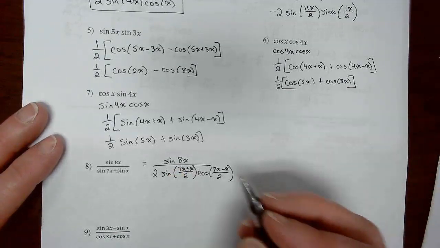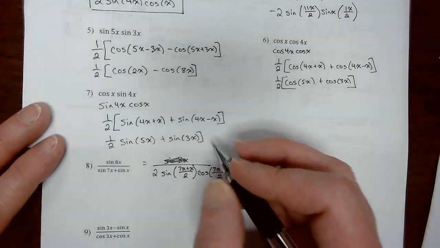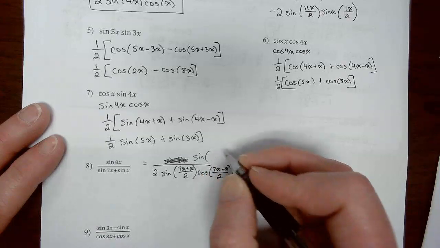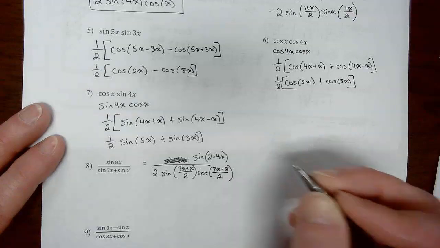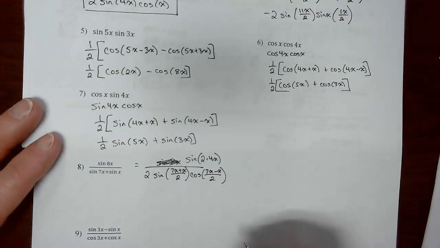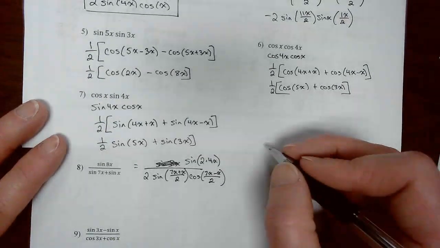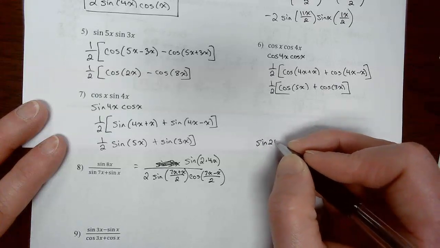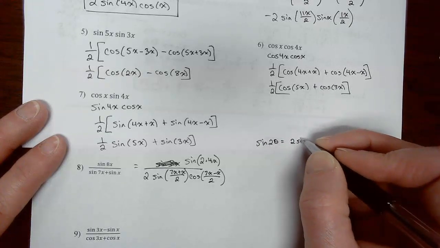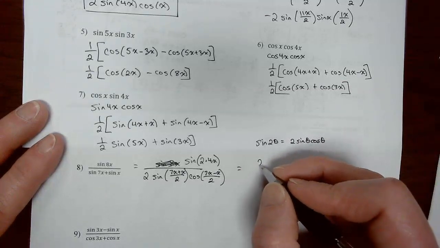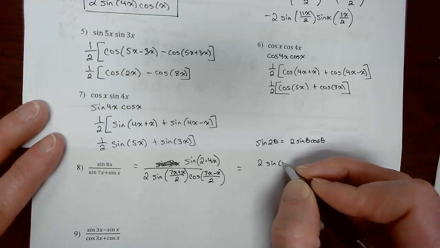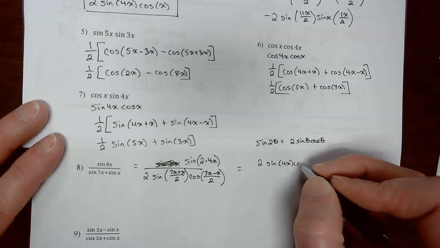What if I think about sine of 8x as sine of 2 times 4x? Then it's a double angle. And the double angle formula said if I have sine of 2 theta, that's going to be 2 sine theta cosine theta. So that's going to be 2 sine of 4x cosine of 4x.